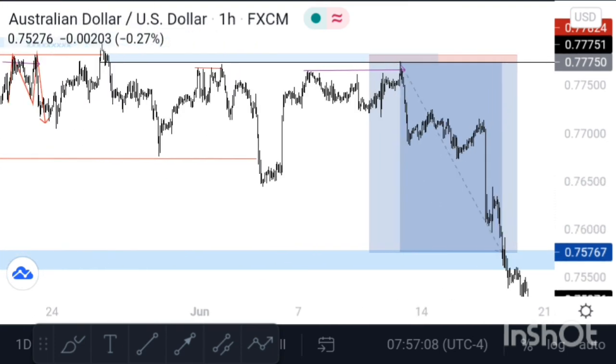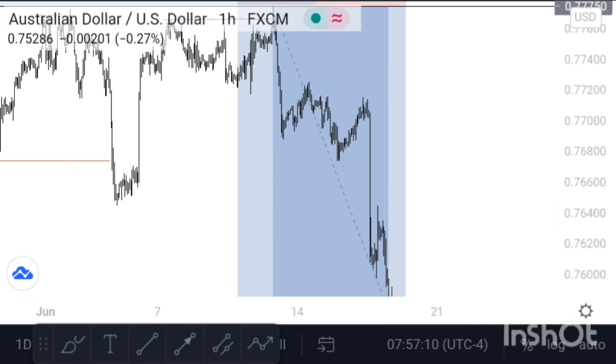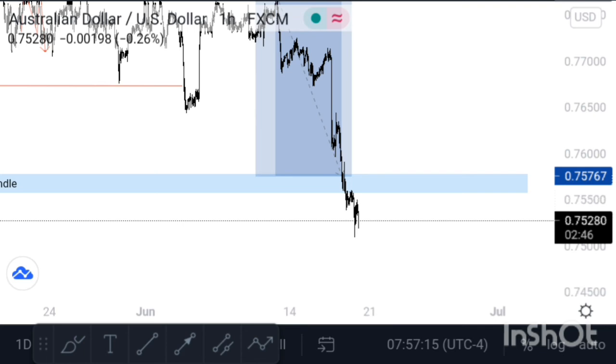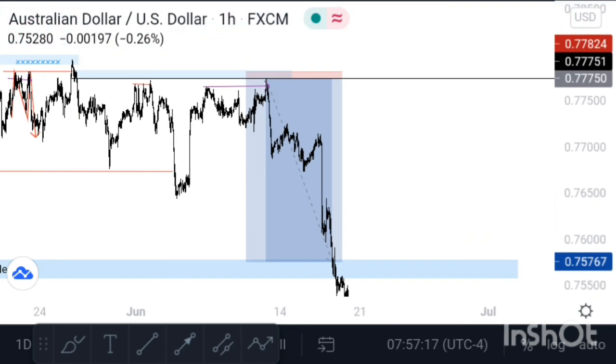Our target was very far, but this trade was successful, and we went aggressively down.